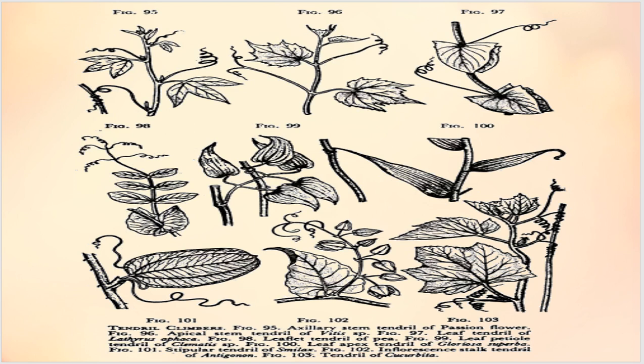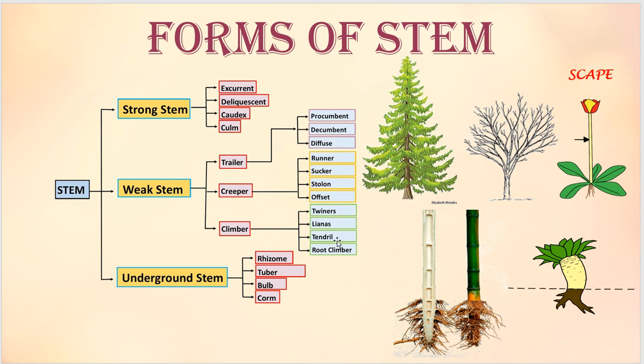And then we have a lot of different climbers. Based on the part which is responsible for creating the climbing structure, we categorize climbers under various subtypes. That can be rootlet climbers, or root climbers. Here the plant produces a root-like structure from each and every node.